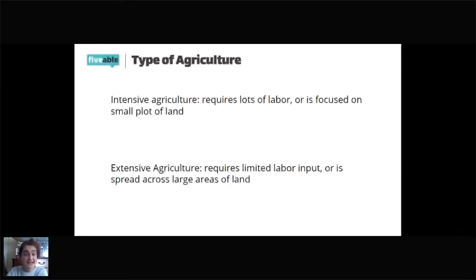Extensive agriculture, on the other hand, does not require a lot of labor, and it's spread across large areas of land. Like Isa said, it does not require a lot of workers because of technology.